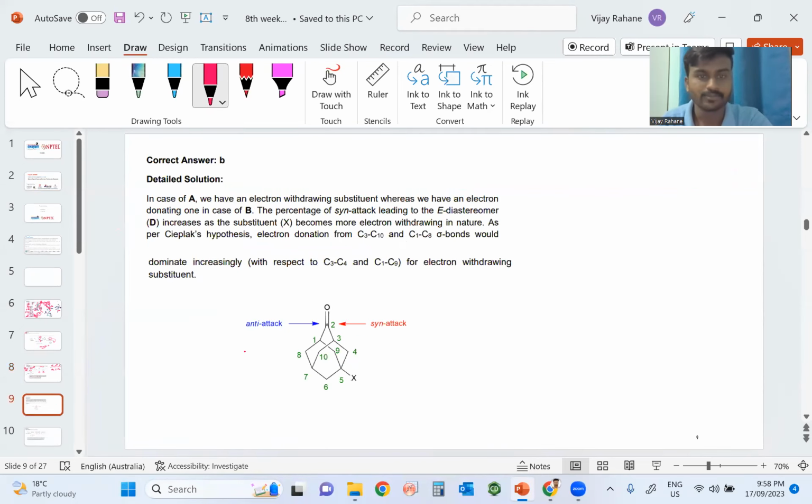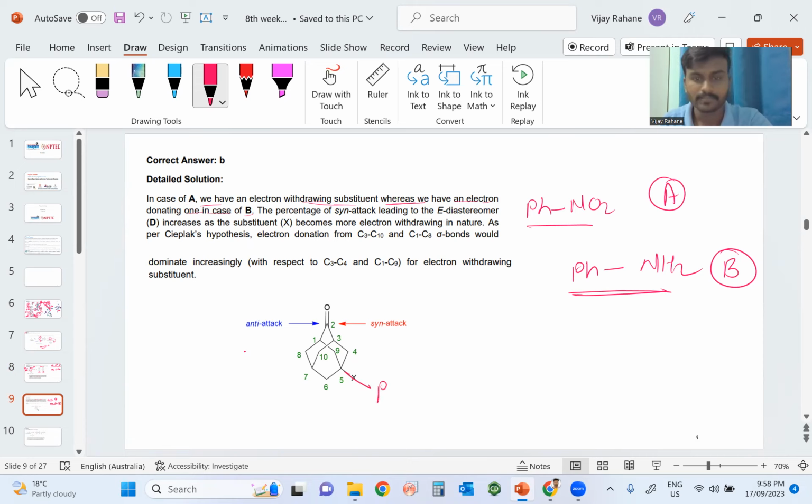Here I will show you the explanation directly. In the case of A, the electron withdrawing group substituent is phenyl nitro, right? And in the case of B, it is electron donating, that is phenyl NH2. So X is equal to Ph either NO2 or NH2.